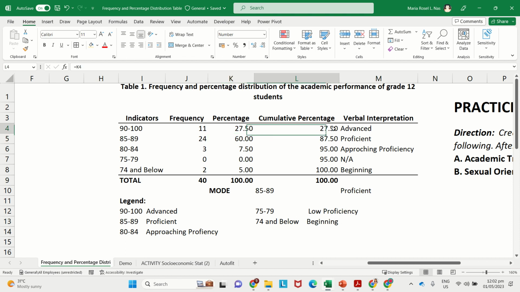Meaning 27.50 plus 60 will give us 87.50, and then 87.50 plus 7.50 will give us 95. 95 plus 0 will give us 95, and 95 plus 5 will give us 100.